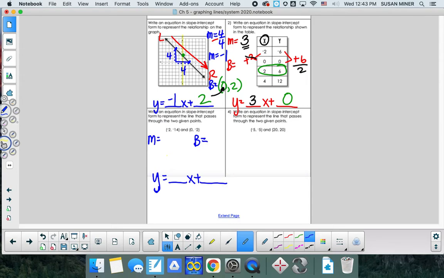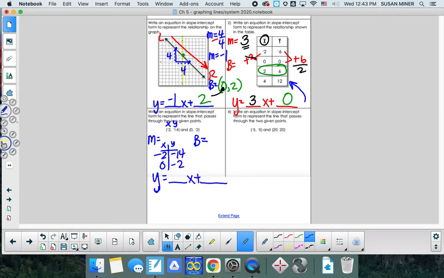In order to do that, I just do almost identical to what I did over here. I am going to make a little XY table out of my points. And remember, in a point, the X number comes first, the Y number comes second.